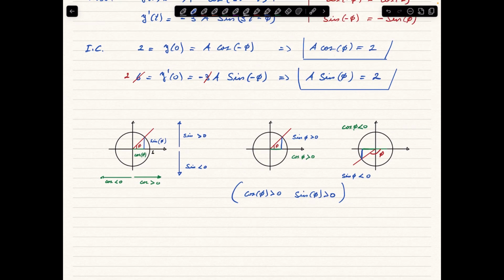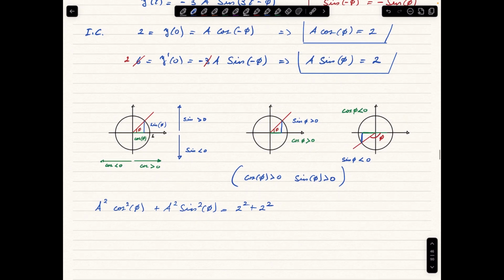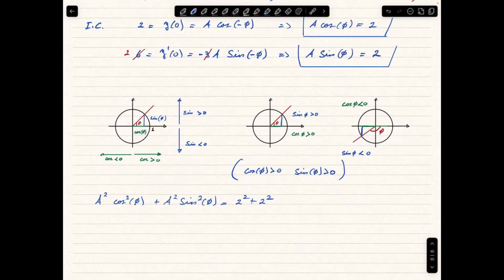So we are going to have A square cosine square of phi plus A square sine square of phi, and this has to be equal to 2 square plus 2 square, which by the way is 4 plus 4, which by the way is 8.